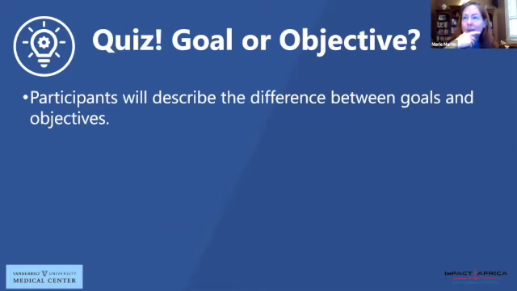So that's why I say it's objective. Fantastic. So you're exactly right. It's clear, it's measurable, it's quite specific. You can imagine how you might assess the learner to determine whether or not they know the definition of a goal or an objective.